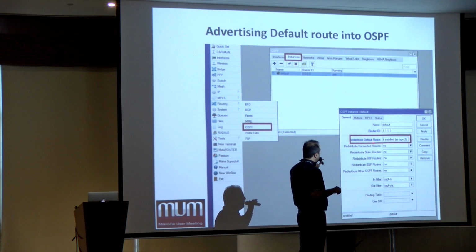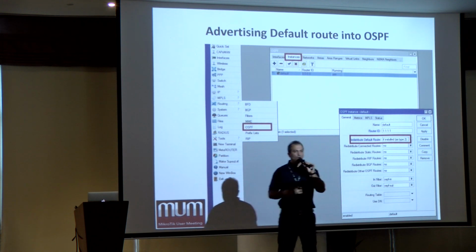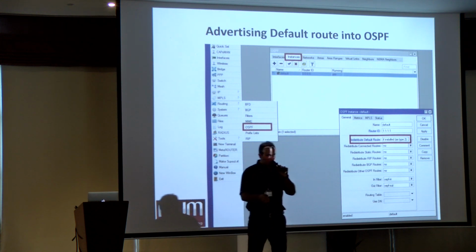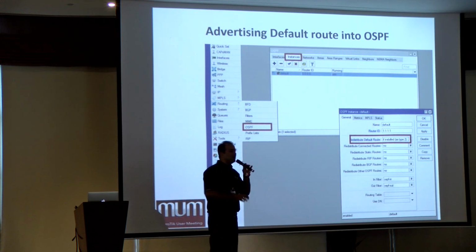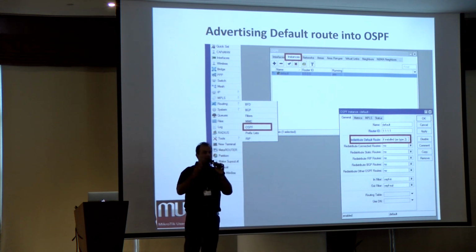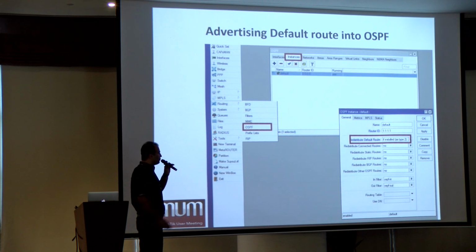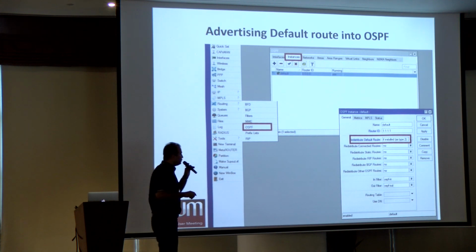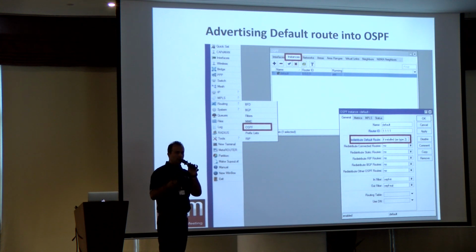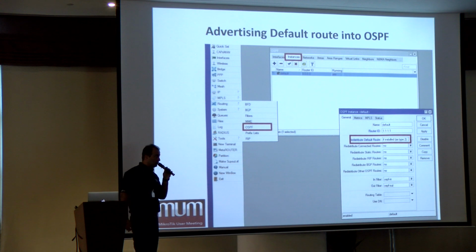Here, redistribute default route. If installed means if you have a default route on your router, the OSPF will advertise your default route. The type 2 means do not aggregate the cost of the route. So you first advertise the default route, and then we will go to the VRRP configuration.